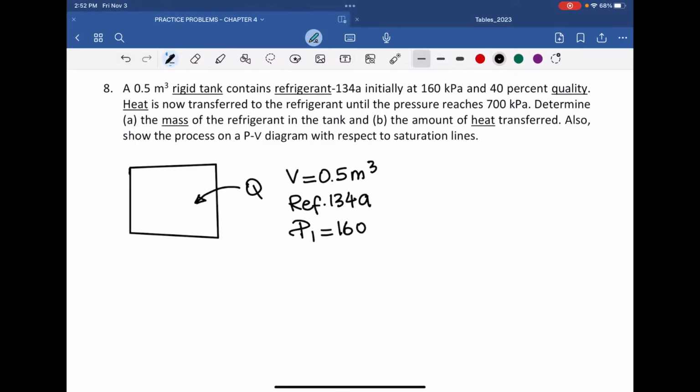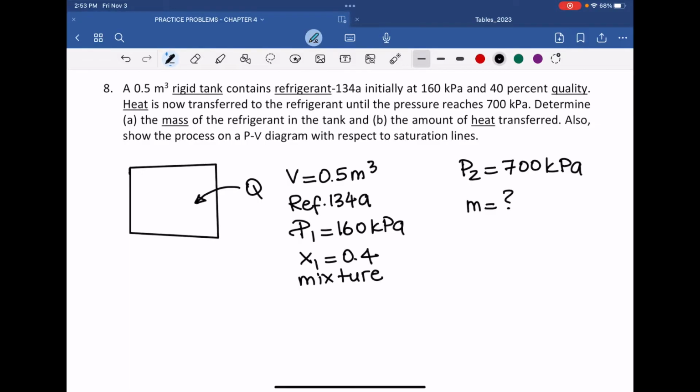Initially, this is the pressure, and the quality is 0.4. So we have a mixture first, and then pressure at the second state is 700 kilopascal. Now they're asking to find the mass, and then the amount of heat transferred.